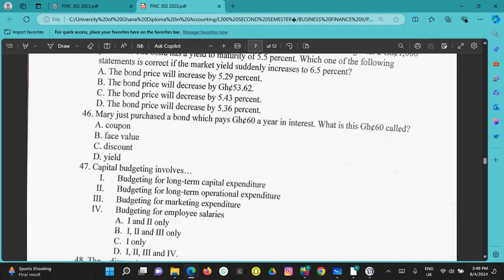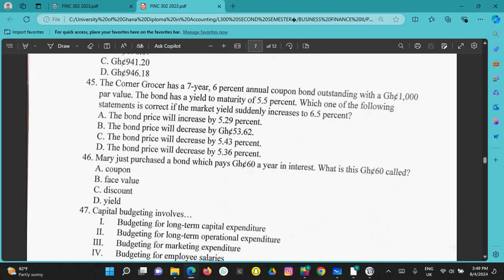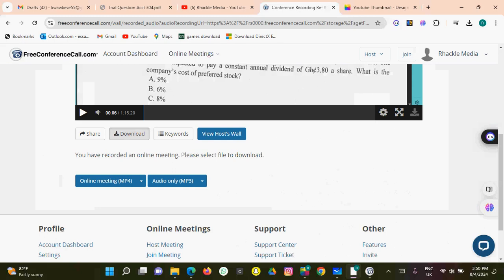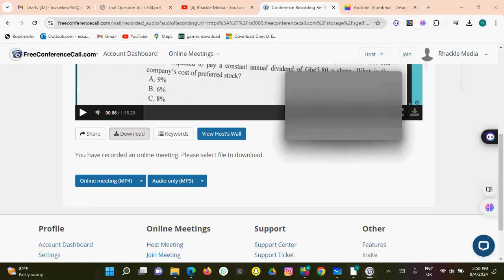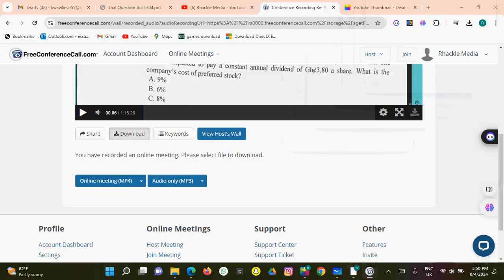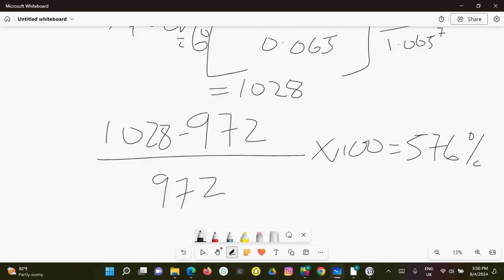And then they are saying that the bond will increase by 5.29%. No, I'm not sure, because we had the 5.76.